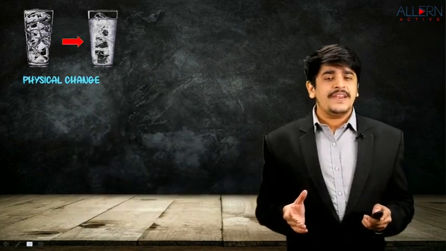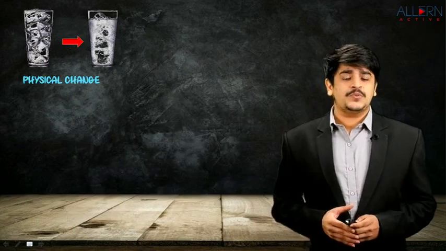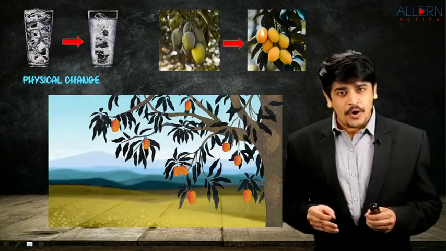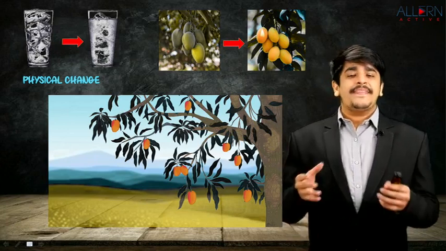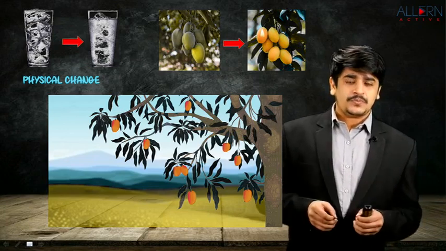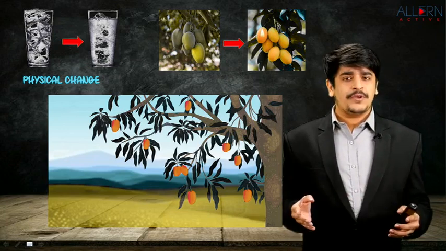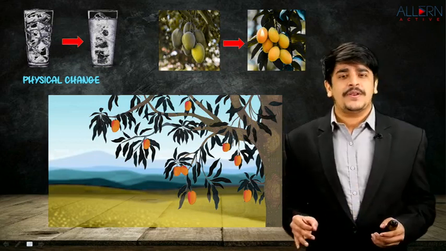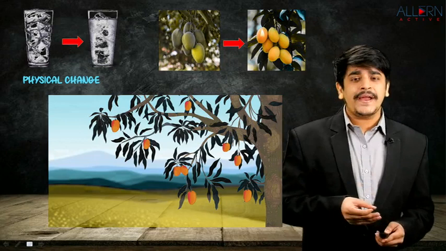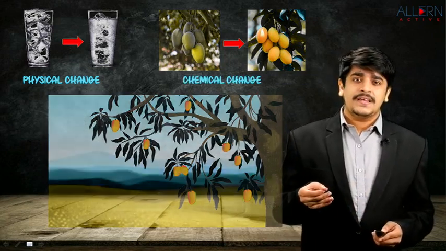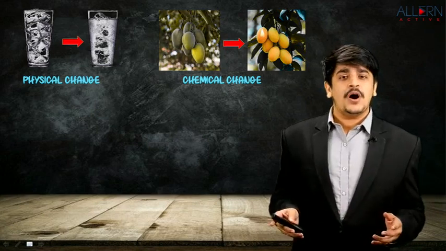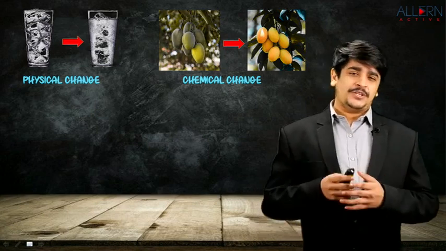However, the next part over here deals with the ripening of mangoes, and that is a perfect example of a chemical change, wherein you start with a raw mango and you end up with a ripe one. But now the question is why is melting of ice considered to be a physical change and the ripening of a mango considered to be a chemical change.